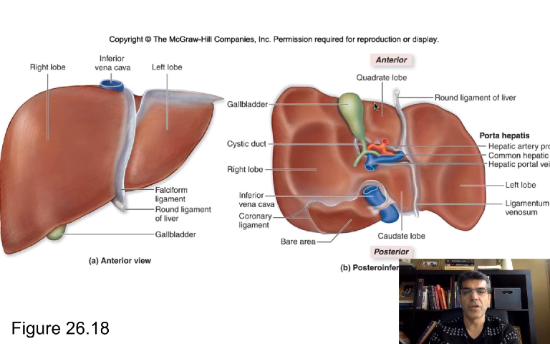So we have the quadrate lobe, which is more in the front, and the caudate lobe, which is more in the back. The quadrate lobe is bound by the round ligament and gallbladder. The caudate lobe is bound by ligamentum venosum and inferior vena cava.